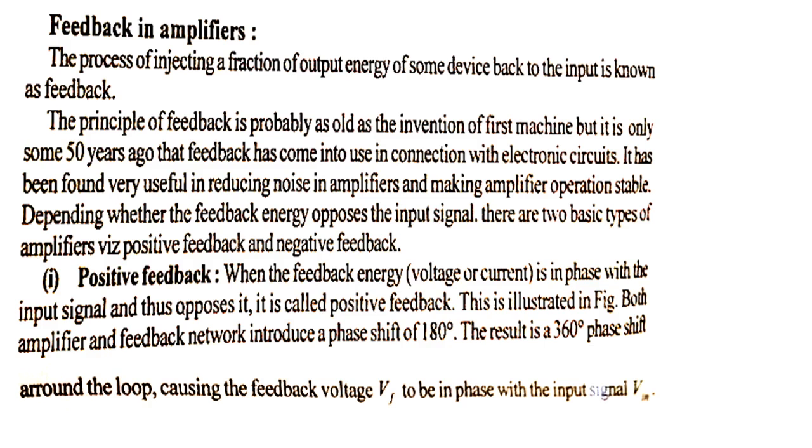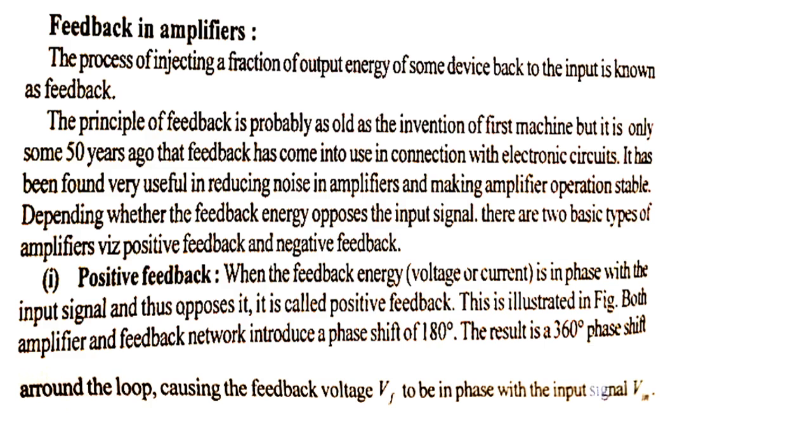It has been found very useful in reducing noise in amplifiers and making amplifier operations stable. Depending on whether the feedback energy opposes the input signal, there are two basic types of feedback, namely positive feedback and negative feedback.